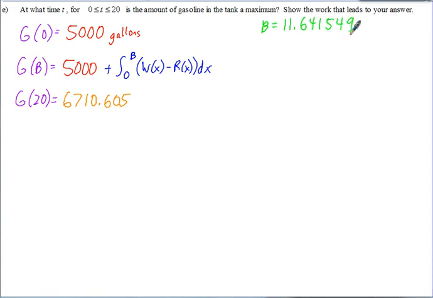So write it down on paper, and then store it in your calculator.